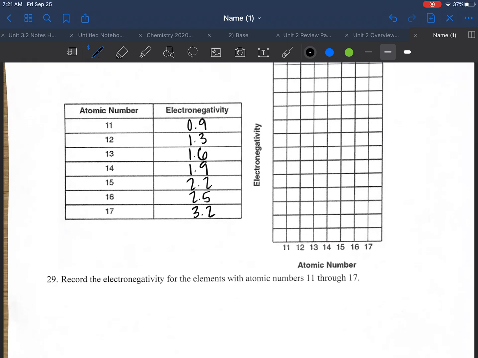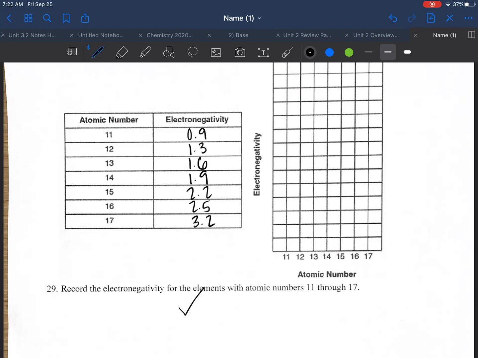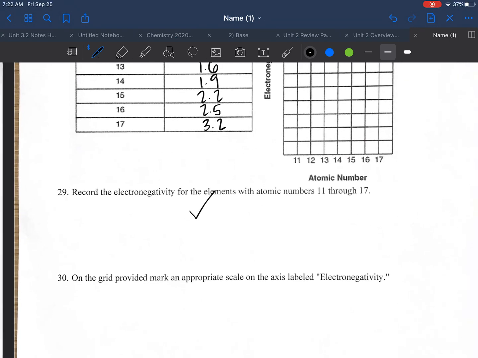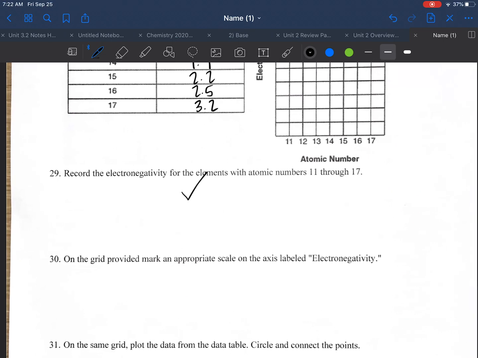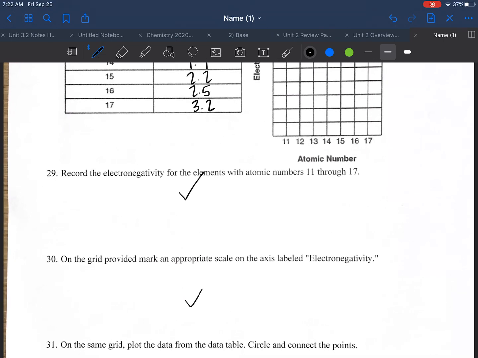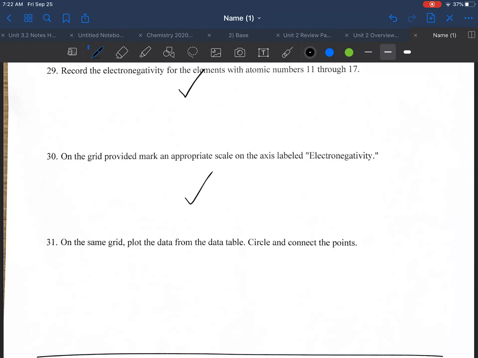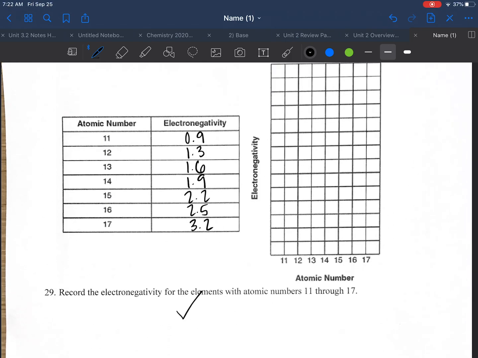Okay, so that was recording the electronegativity. And so on the grid, we're going to make an appropriate scale and call that electronegativity. It's already labeled though. And then we're going to plot the data and connect the points.